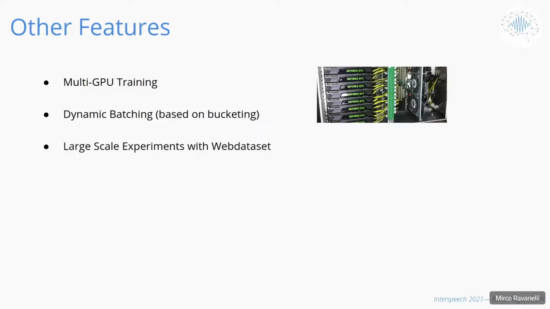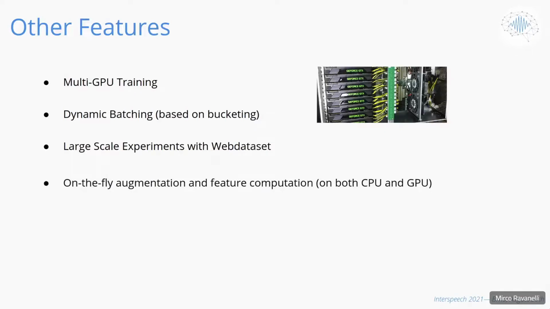We will maybe see this later, but we support large-scale experiments with WebDatasets. Basically, datasets are now so big that it's very hard to even copy the dataset to a local computation node where you run the network. So what we are doing here is to use another solution that is able to efficiently read the files from the shared file system without harming the file system itself.